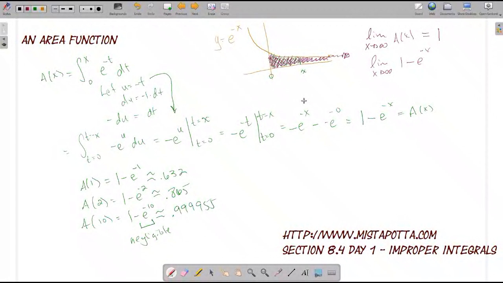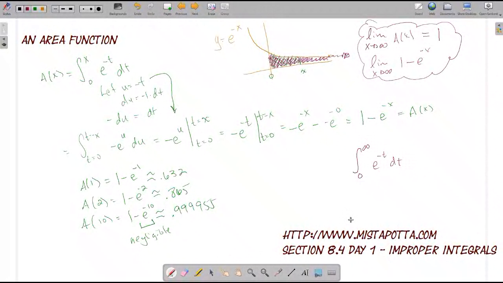And so this brings up a really interesting idea, because I really could think of what I've written up here as a definite integral involving infinity. So this is really the integral from 0 to infinity of e to the negative t dt.